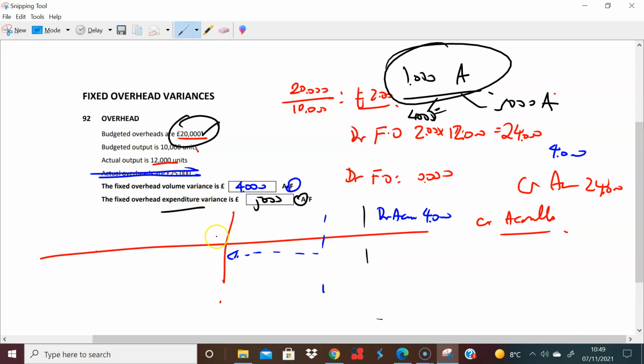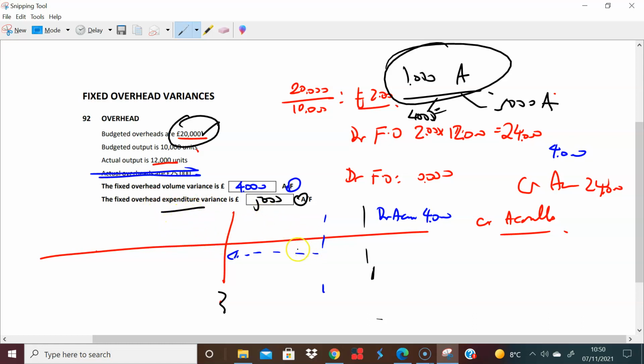Because that's what you'd have done if you hadn't touched any of this, but you touched it, and so you now have this inflation in your accounts. You need to suck all that inflation out, bringing it back down to the budget, and that's your volume variance, and then compare that with what actually happened, and that's what we call the fixed overhead expenditure variance. Cool. Great. I hope that helps.